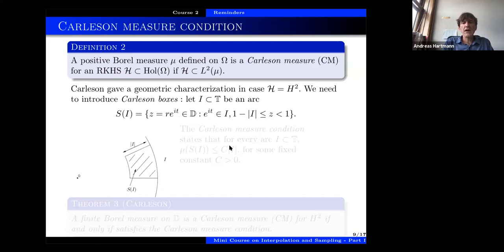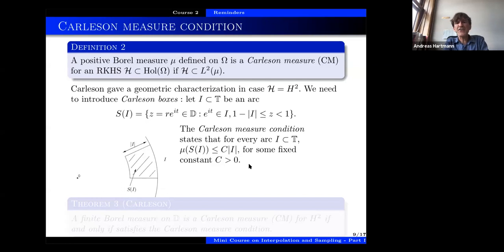Okay, you will call this a Carleson window, and the Carleson measure condition is this geometric condition, which tells you that your measure mu should not put too much mass onto the Carleson box; the mass should be controlled by the length of the interval.